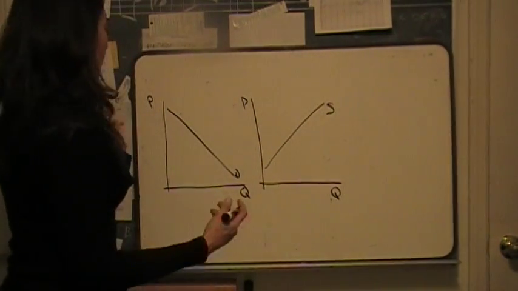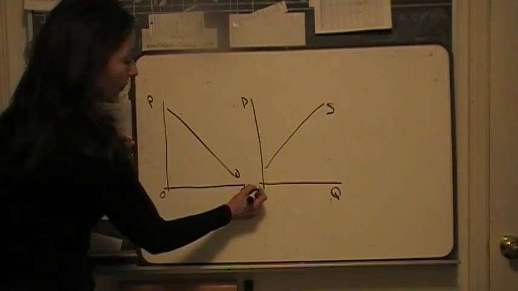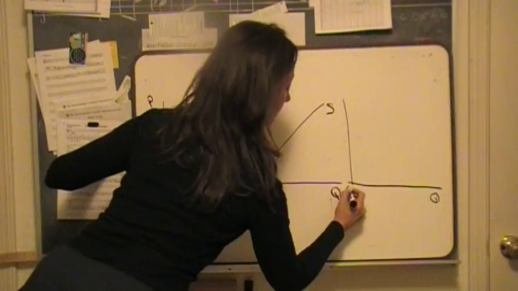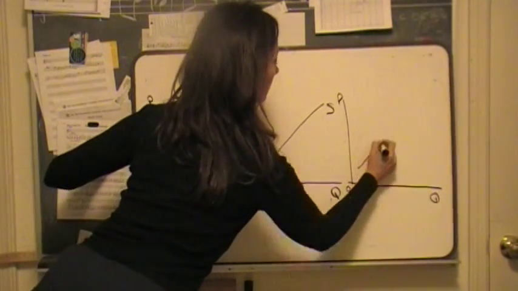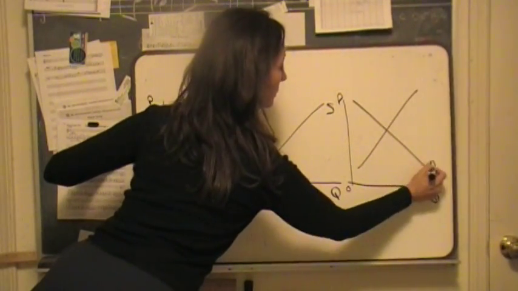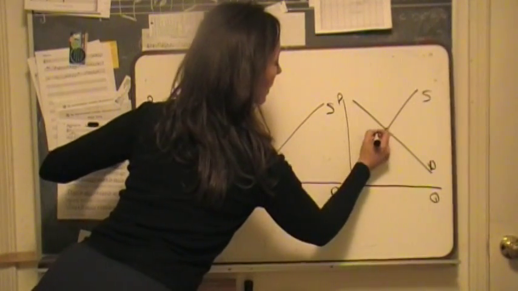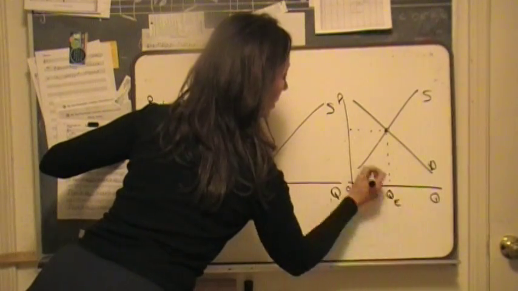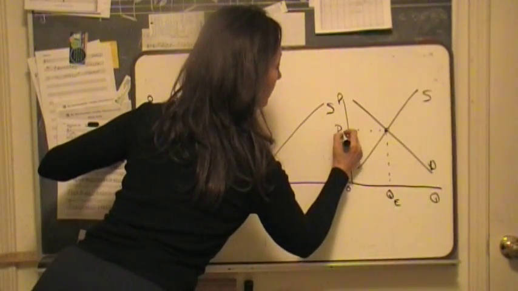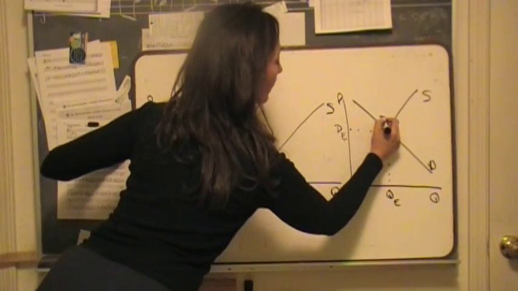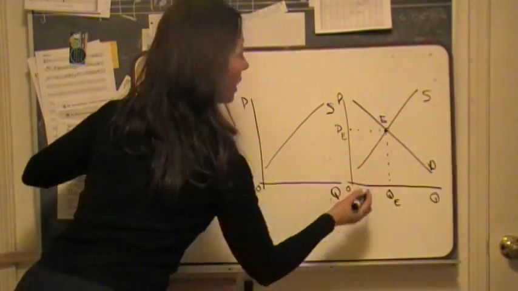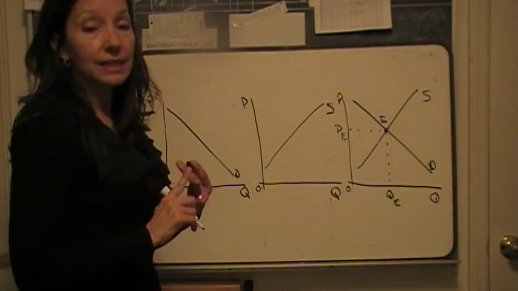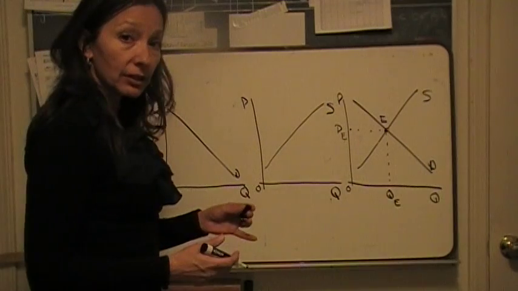Now, you know that when you bring these two together, you have what is called an equilibrium. Okay, so basically we're looking at a market. And a market is any place that brings buyers and sellers together. So buyers and sellers are brought together.